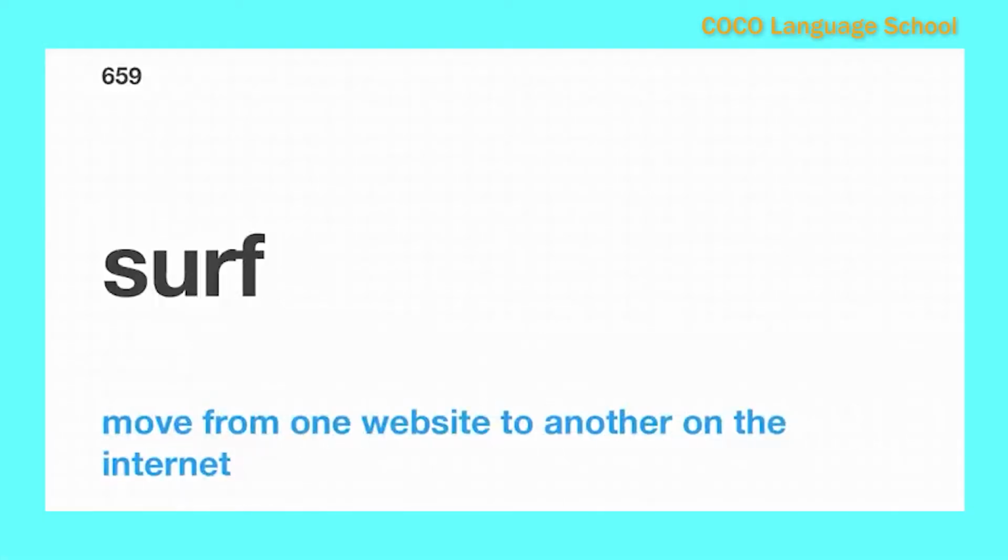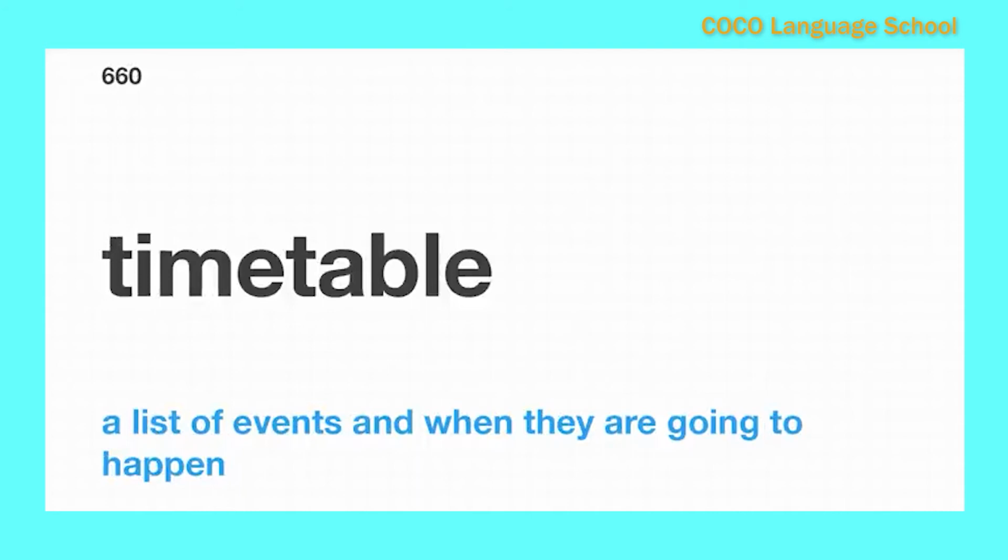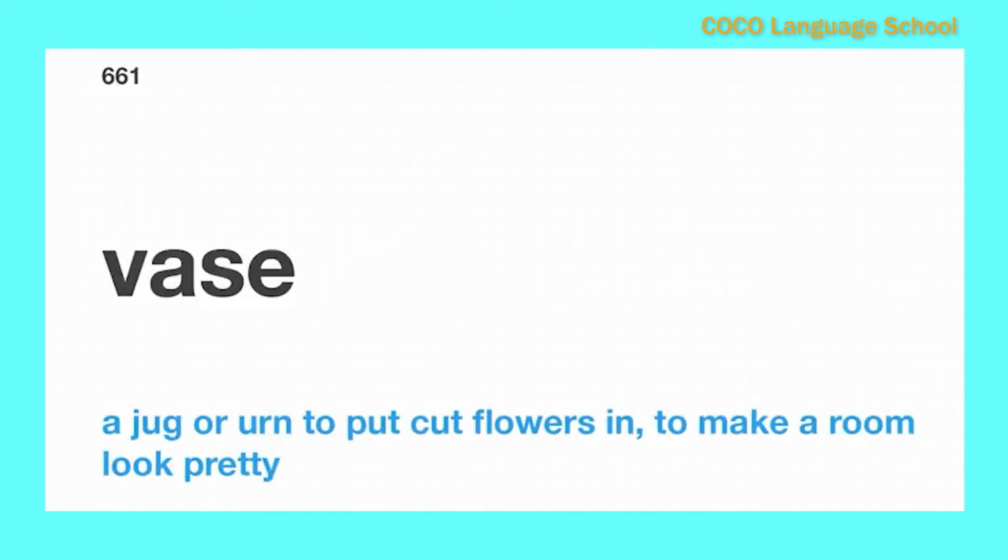Move from one website to another on the internet. Surf. A list of events and when they are going to happen. Timetable. A jug or urn to put cut flowers in, to make a room look pretty. Vase.